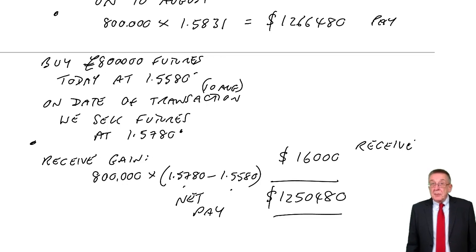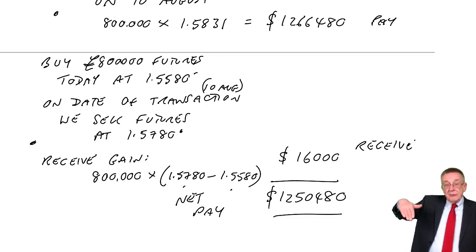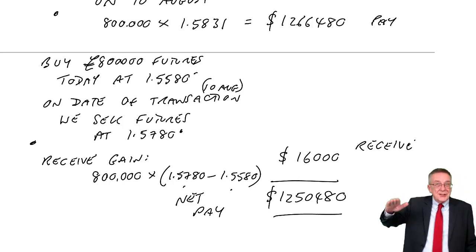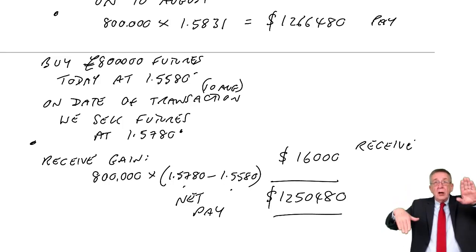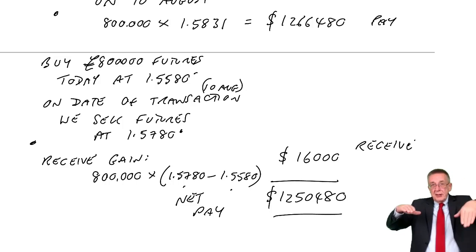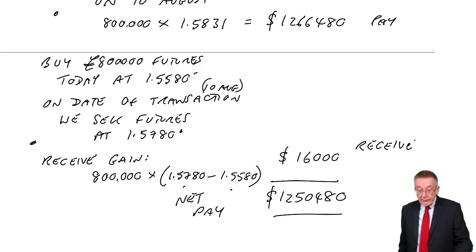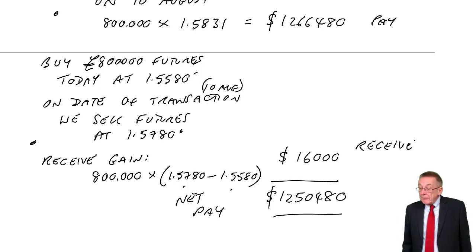What matters is this principle that the transaction is left at risk. To remove the risk, to cancel it, we enter into a futures deal where we've got a compensating risk. The risk on the futures cancels the risk on the transaction. Okay, so that took a while, but there we are.